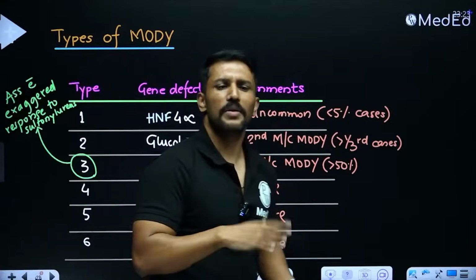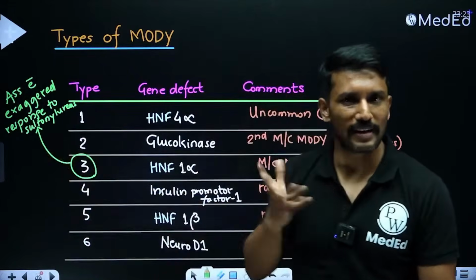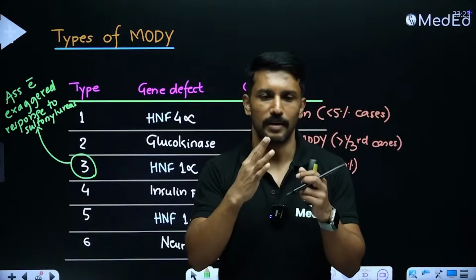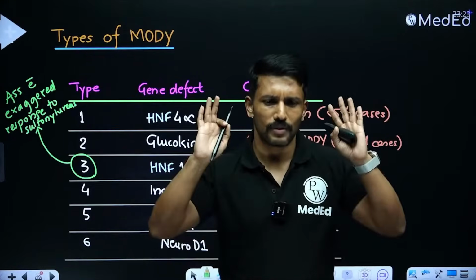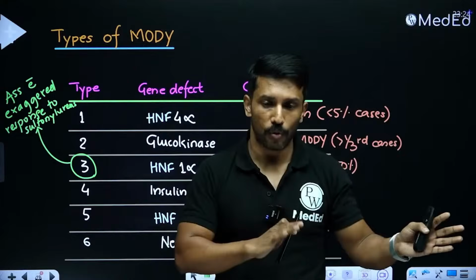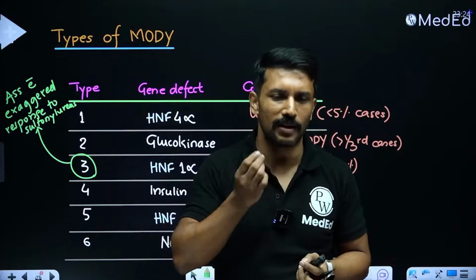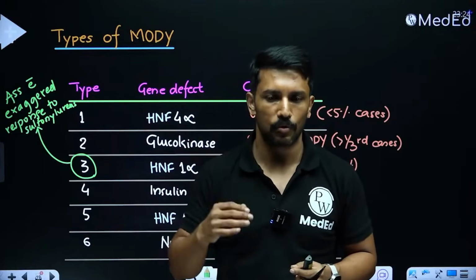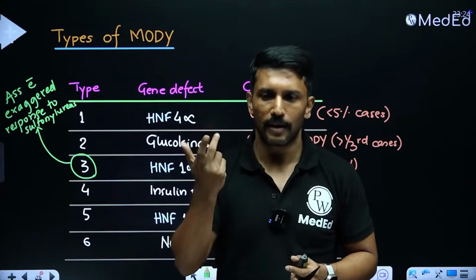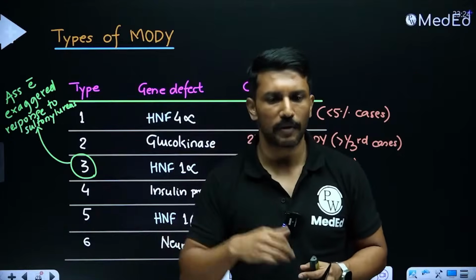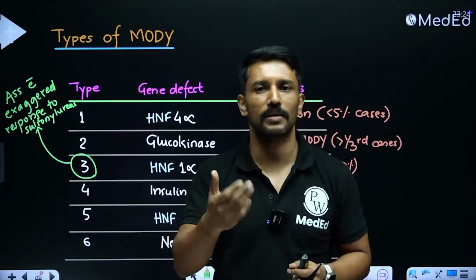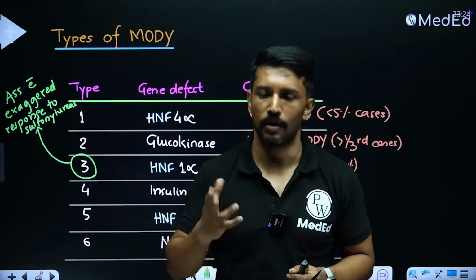Now let us say that I did not recognize this as MODY, I considered it as type 2 and I started him on sulfonylureas. Now I know that type 2 patients do respond to sulfonylureas, but I don't expect a great response. If I start, let us say, 1 milligram of glimepiride with a blood glucose level of 250, when the patient comes back for follow-up, I'm not expecting him to come with a fasting glucose value of 40 or 50.